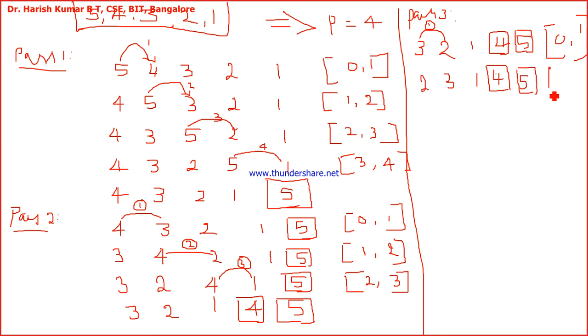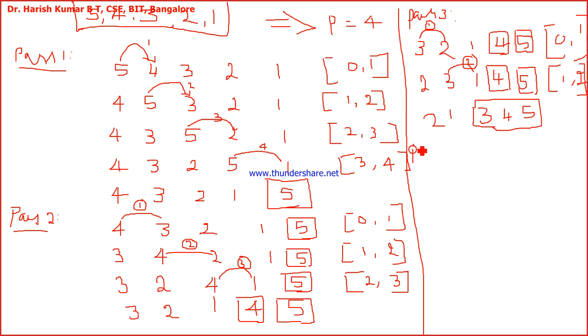Next comparison is between 1 and 2, the elements at index 1 and 2. This is the second and last comparison of pass 3. So 2, 1, 3. Now the third largest element of the array has also taken its correct position. So all these three are in their proper positions.